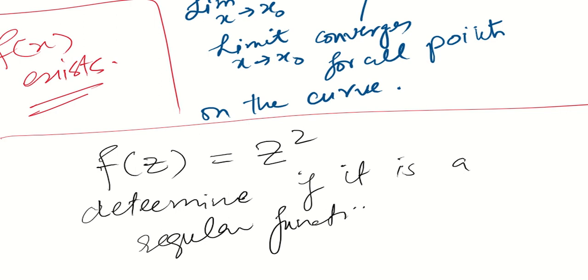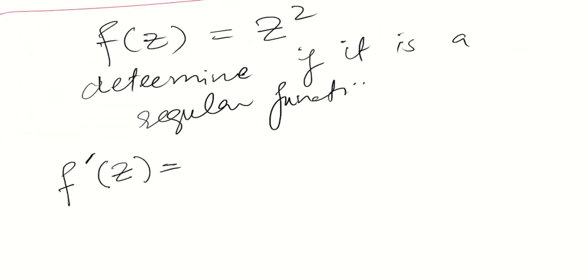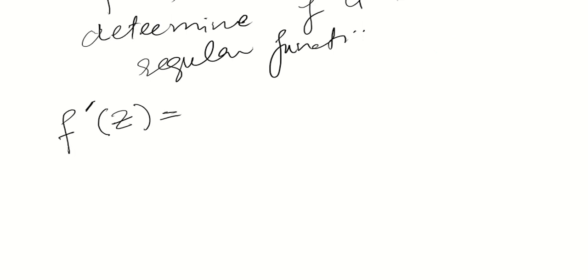So let's take the derivative. We write the derivative as f prime of z, that is d of dz. We are defining derivatives from first principle. We are not just saying d of dz is equal to 2z.